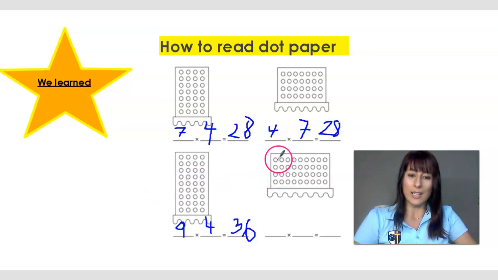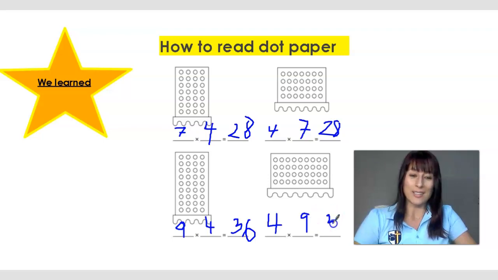Now, one last dot paper to look at. Again, let's carefully look at the groups. So we're going to count the ones in columns. I see 4 multiplied by, again, carefully, let's count how many we have in each. 2, 4, 6, 7, 8, 9. Did you see how I skip counted by 2? Yep, you can do the same, or you can do it by 3, whatever you prefer. And again, it's 9, so 4 multiplied by 9, another related multiplication sentence.